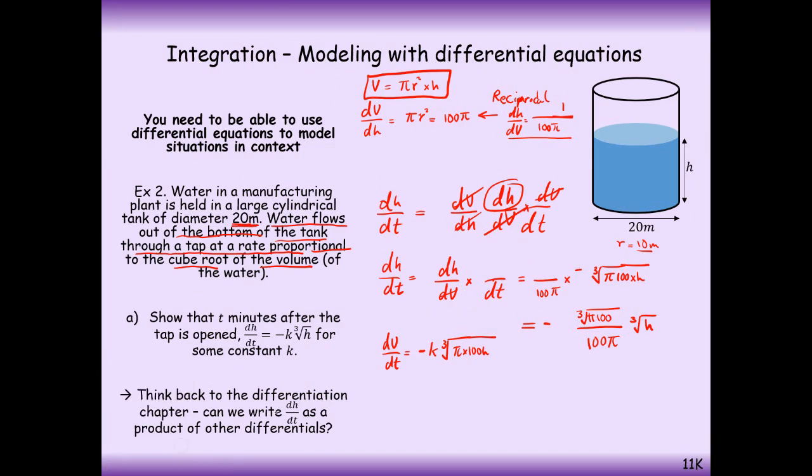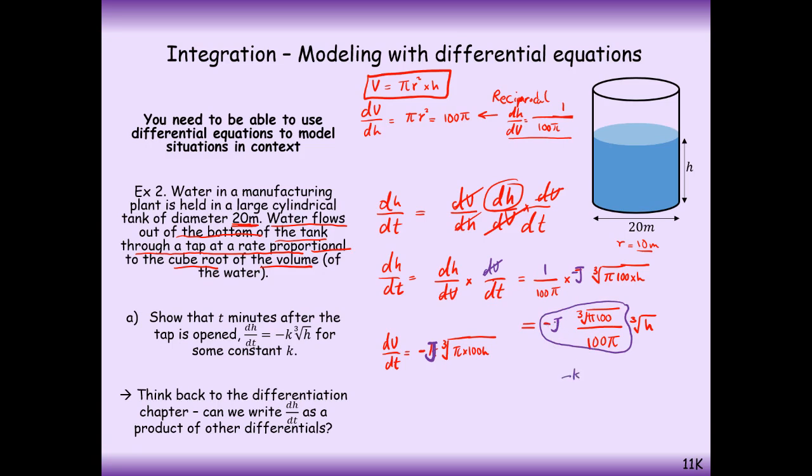So let's call this a negative j, it doesn't matter. This negative j multiplied by this factor is giving us the negative k.